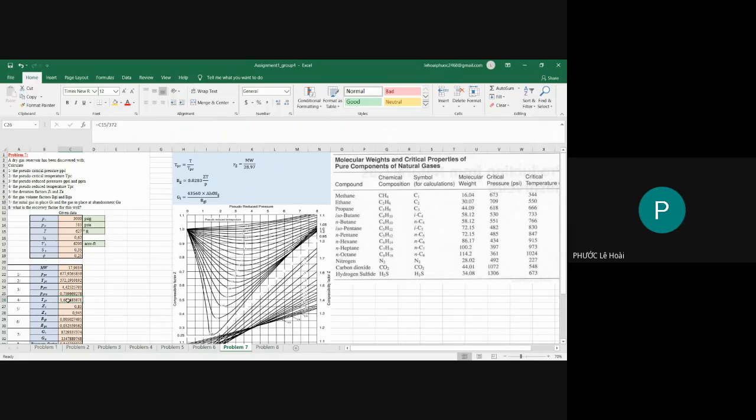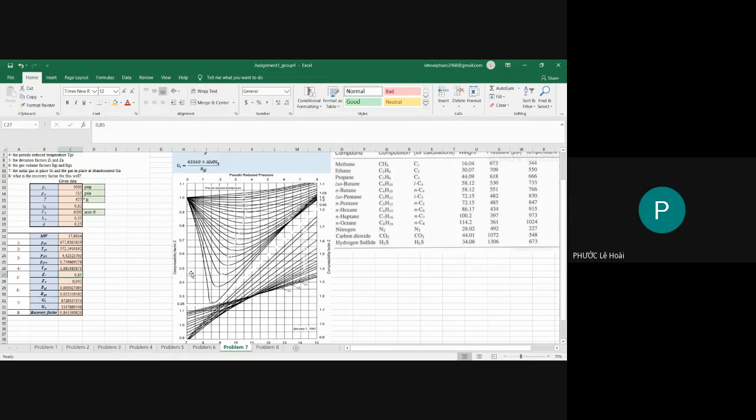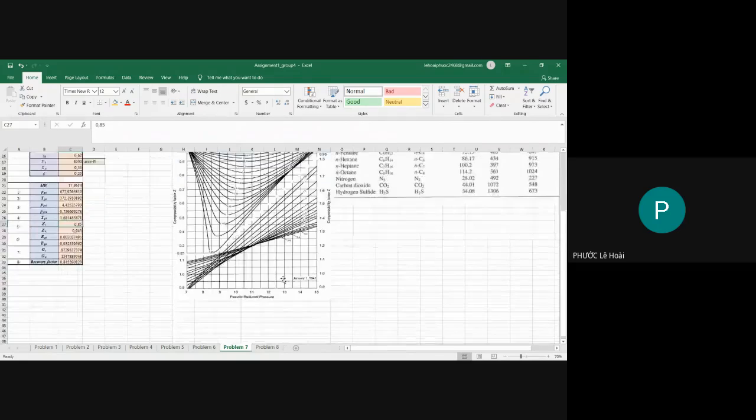Then we will get the TPR. The fifth one is the deviation factors ZI and ZA. Okay, for ZA, you can use the pseudo reduced pressure to choose the compressibility factor Z by using the table here.